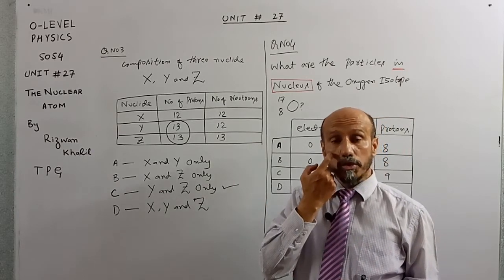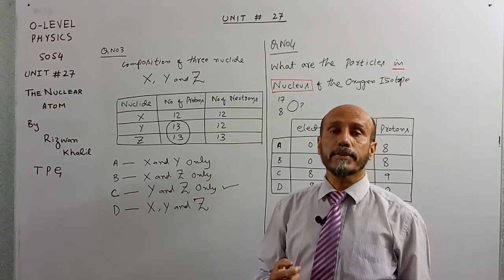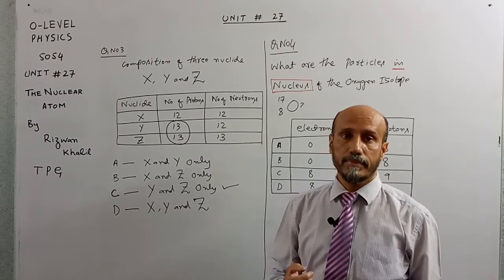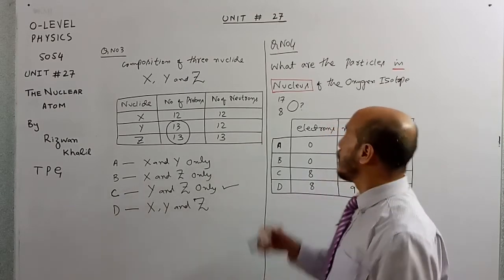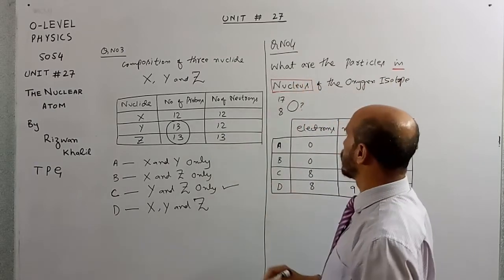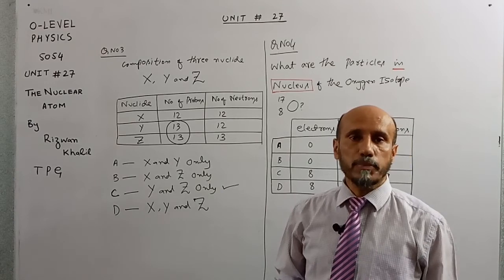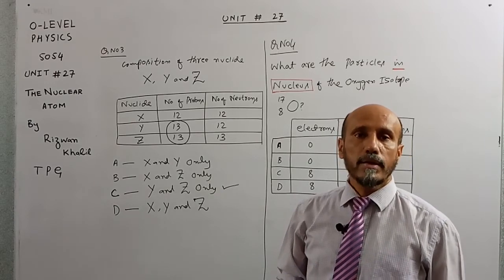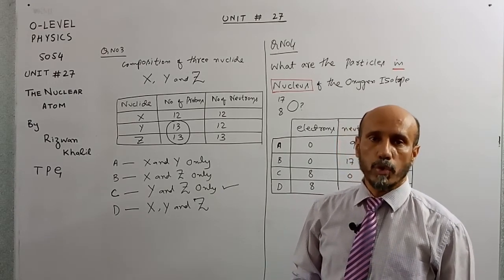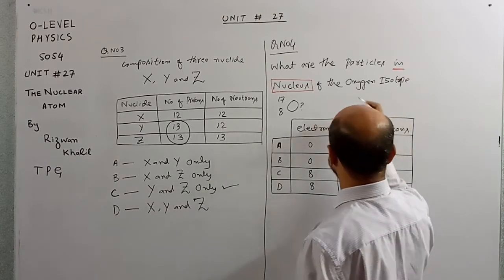We are not supposed to write the number of electrons in the atom. Rather, it is given that what are the particles in nucleus, and in nucleus which particles reside? Protons and neutrons.